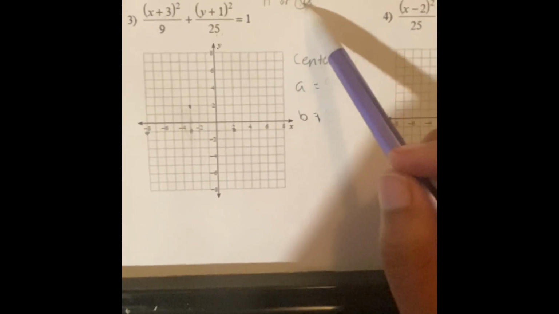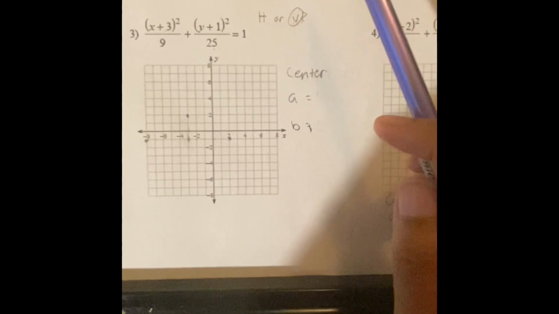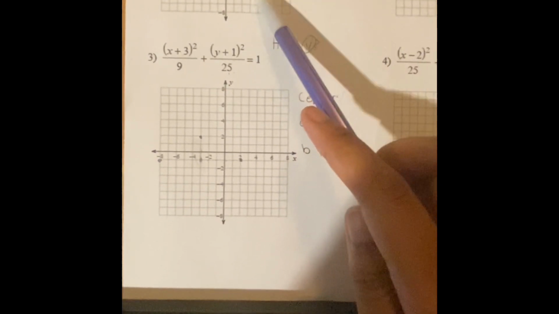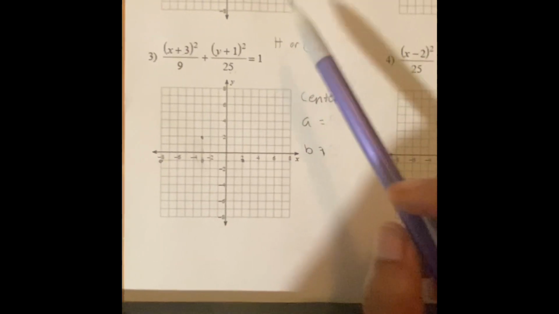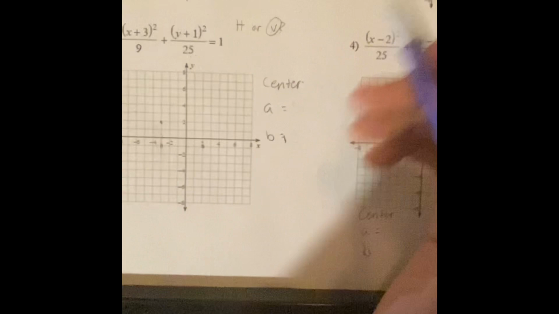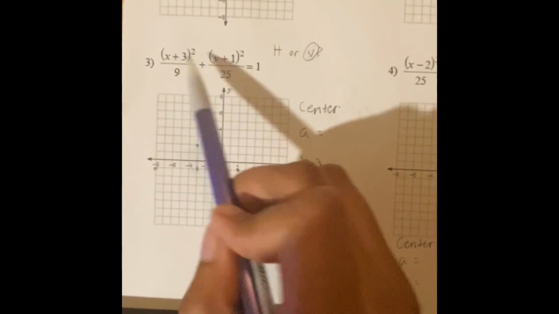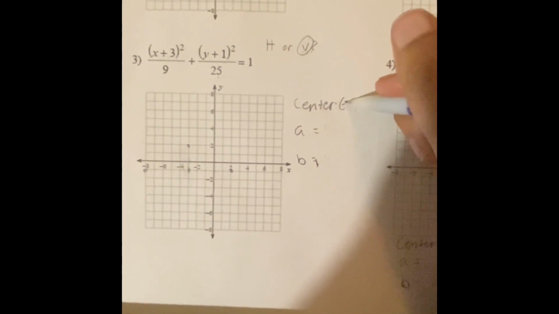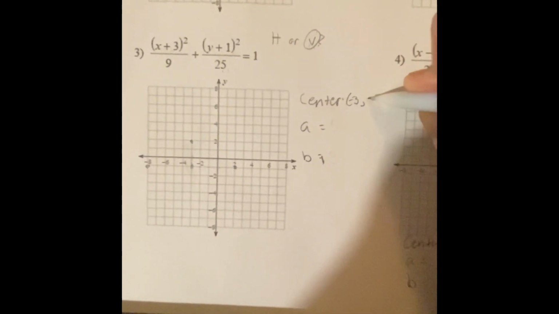Our third problem. This one is vertical now, and with ellipses, a is only bigger than b if it is horizontal. If it's vertical, b is going to be bigger than a. So first we want to get our center, the opposite of these numbers. The opposite of positive 3 is negative 3. The opposite of positive 1 is negative 1.